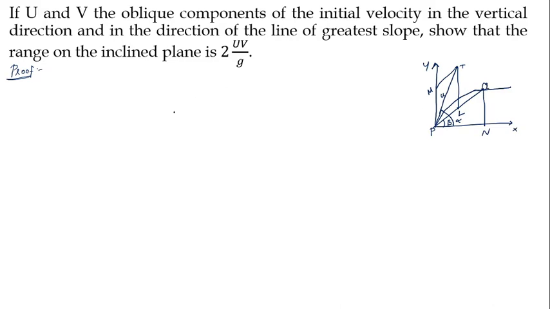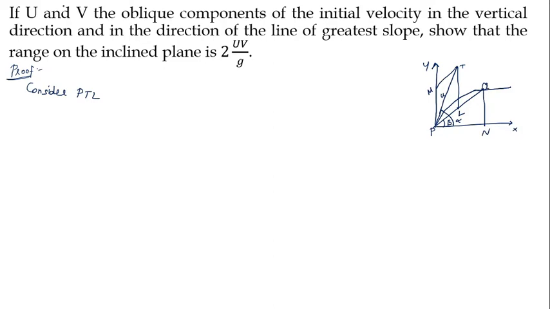Now I am going to see only the triangle PTL. So consider the triangle PTL. In this, TL is the perpendicular line, and PL is the line which is inclined in the plane.